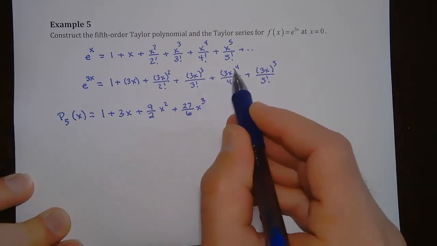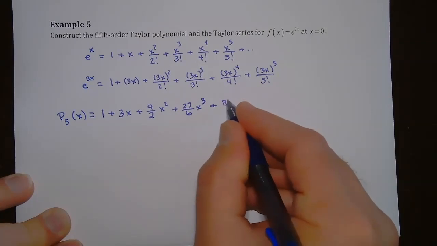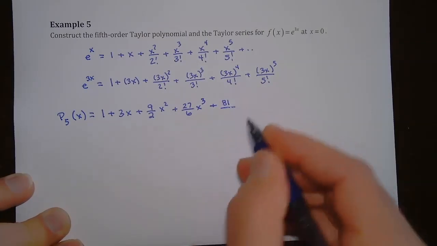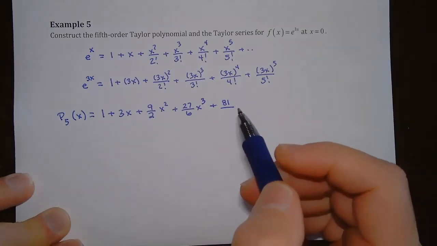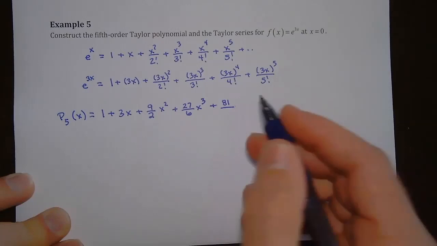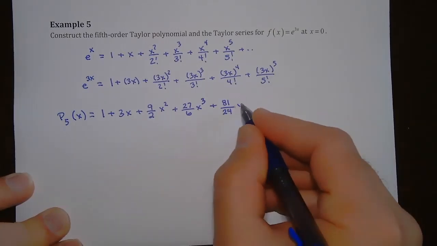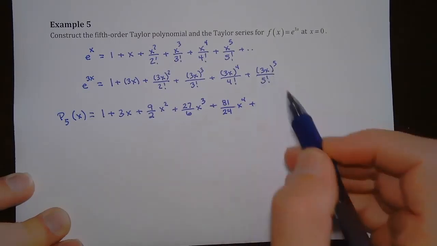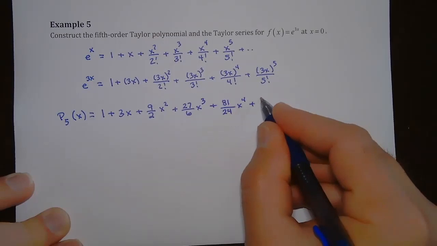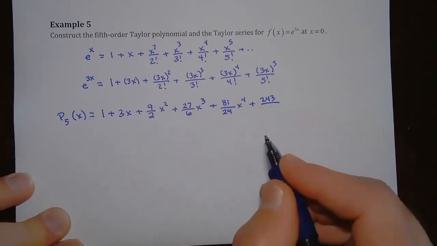Okay, and then 3 to the 4th is 81 over, and then 4 factorial would be 4 times 3 times 2 times 1, which would be 24, x to the 4th. And then plus 3 to the 5th is 243 over 5 factorial.